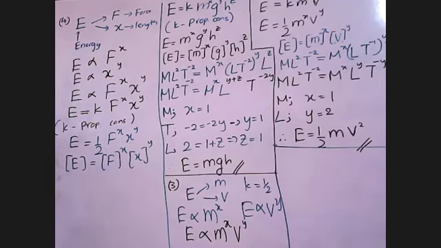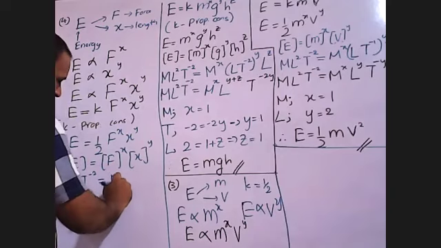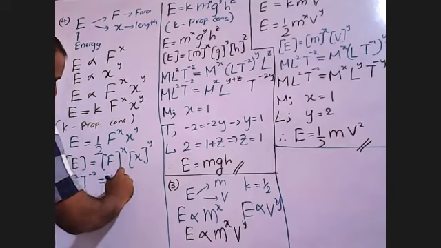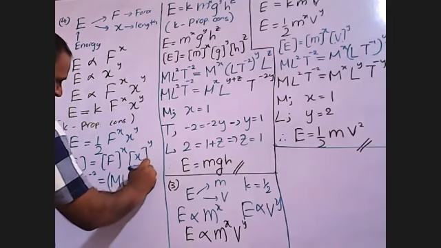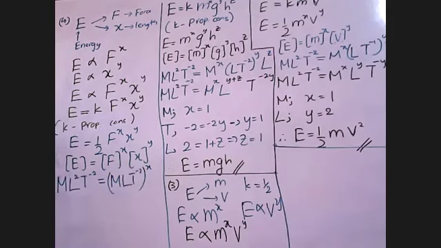This is energy, therefore M L squared T minus 2. This one is a force, therefore M L T minus 2 to the power x. This one is a length. Length means L to the power 1.